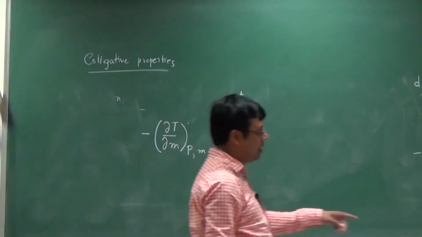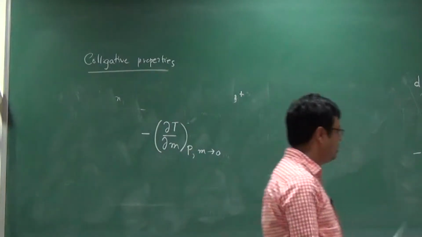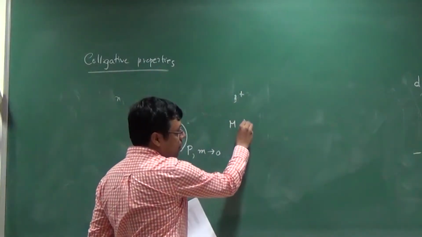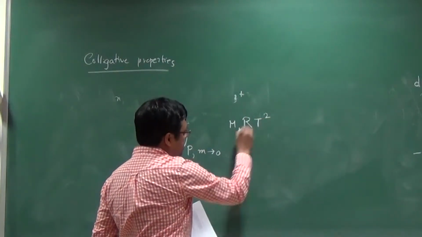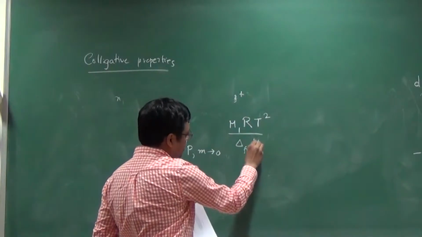If I just say m tends to 0, then I'm left with only this part, which is nothing but M1 RT square divided by delta fusion H bar.